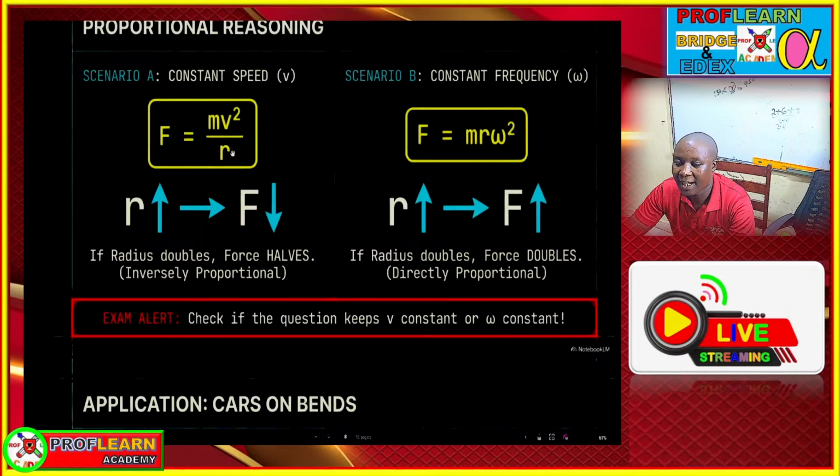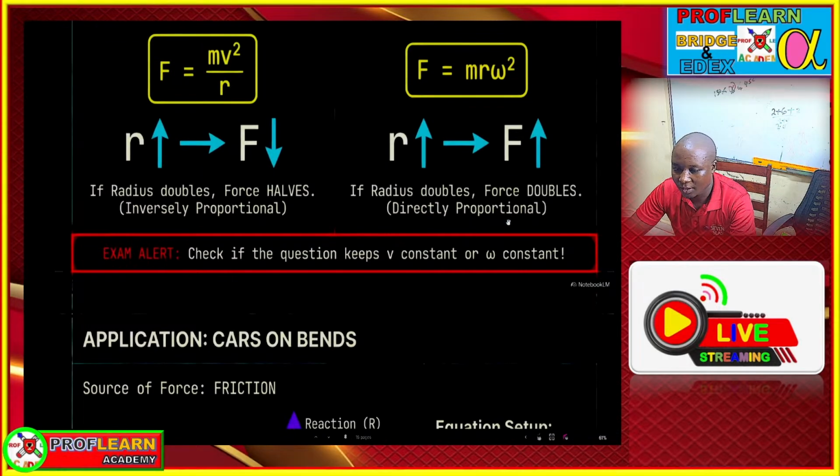Force and radius are inversely proportional, and also in this case, when we are using angular velocity, radius and force are directly proportional. So if the radius increases, the centripetal force also increases.